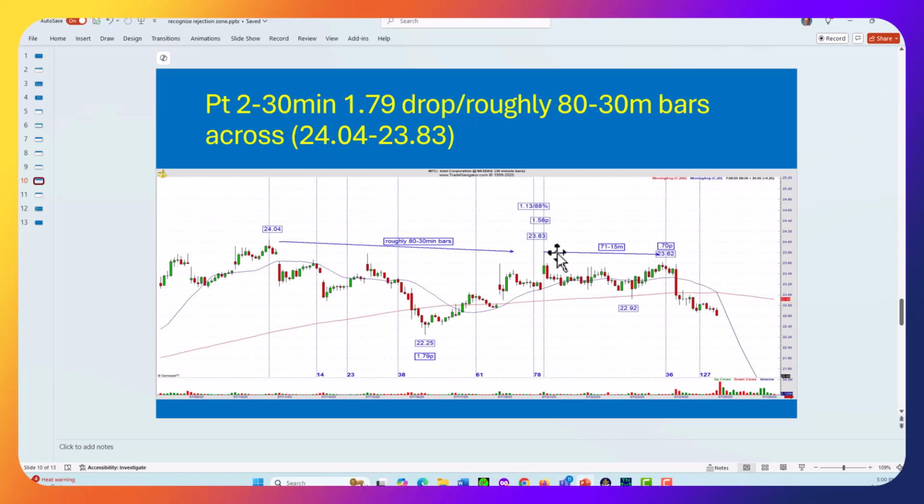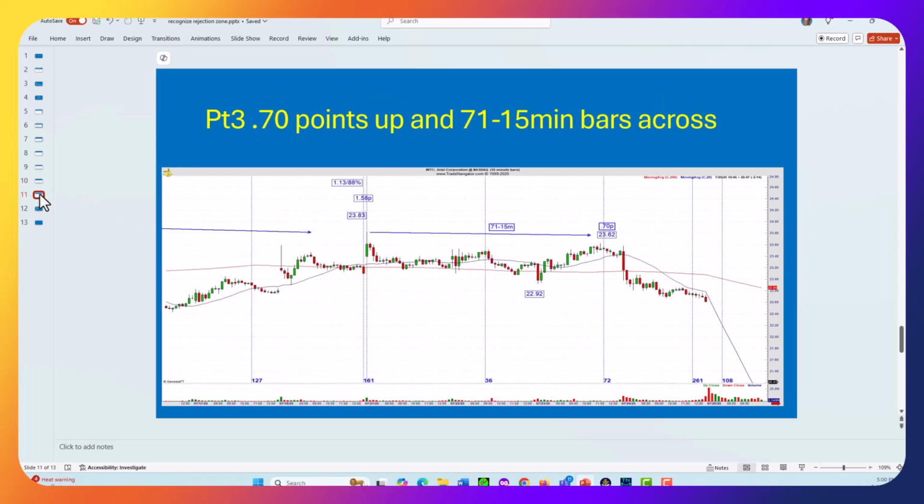Basically, I'm showing you this on a 30-minute chart, but this is 71 15-minute bars from here to here, and it's 70 cents up from 22.92 to 23.62. And you could see on our final chart, this is the 15-minute, where you could see that we're 70 cents up and 71 15-minute bars across, and it starts to drop.